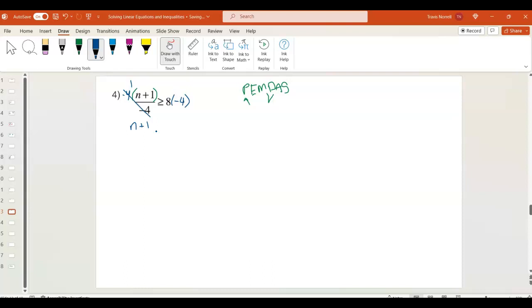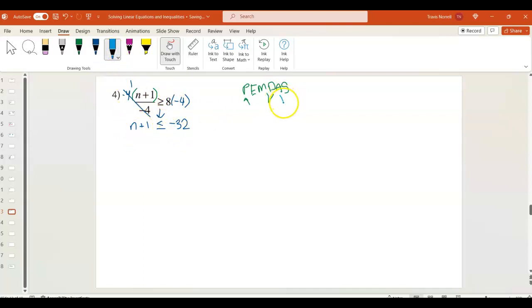If you multiply or divide by a negative, you've got to flip this sign around. So it's no longer going to be greater than or equal to. It's going to be less than or equal to. And 8 times negative 4 will be negative 32, because my signs are different. So the answer's negative.